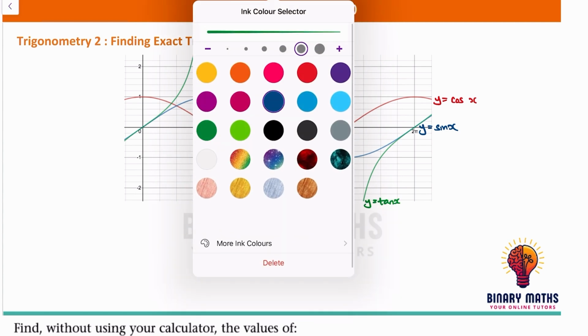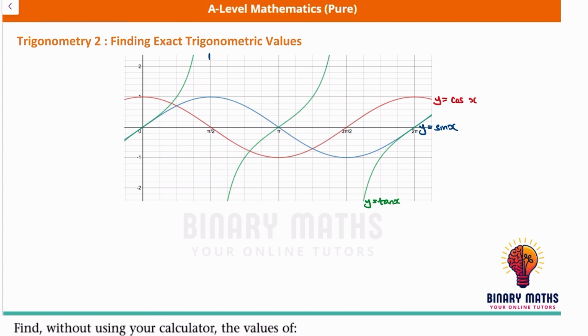If you split up the graph into every 90 degrees, so pi over 2, pi, 3 pi over 2, and 2 pi, then you can see all graphs are positive in the first 90 degrees.